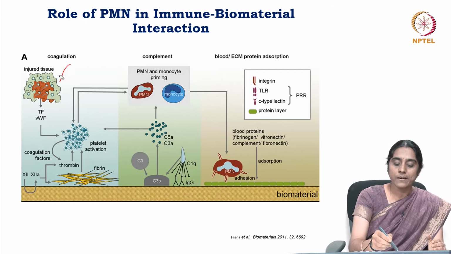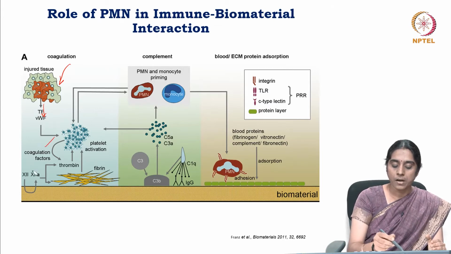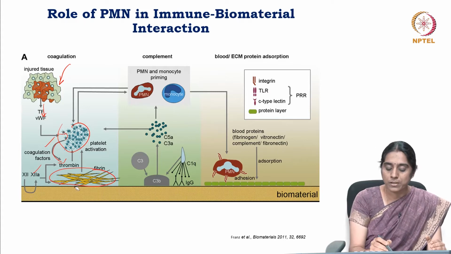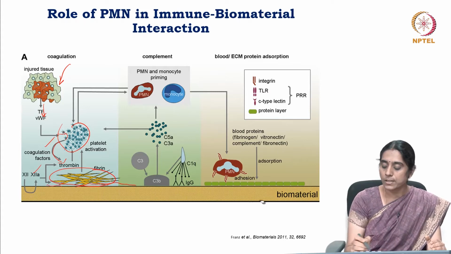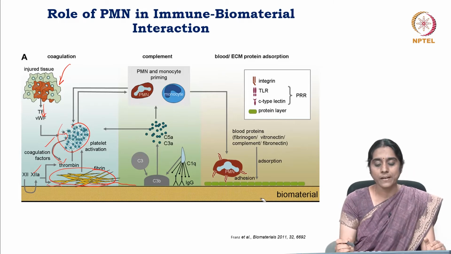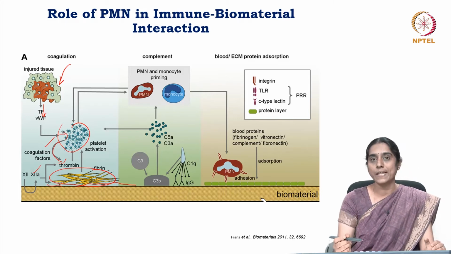So, you see here, once the tissue at the implant site is injured, tissue factor and other coagulation factors are released. So, platelets are activated, which release thrombin, and that causes fibrin formation. This fibrin is going to get adsorbed on the biomaterial. The next thing that is happening is from the complement cascade system.